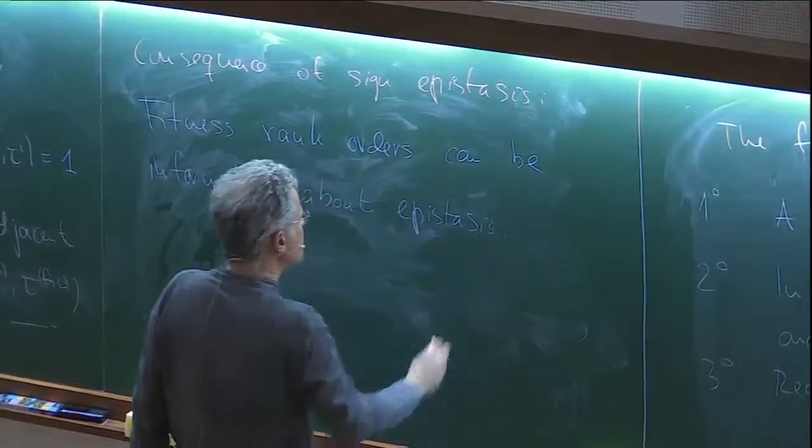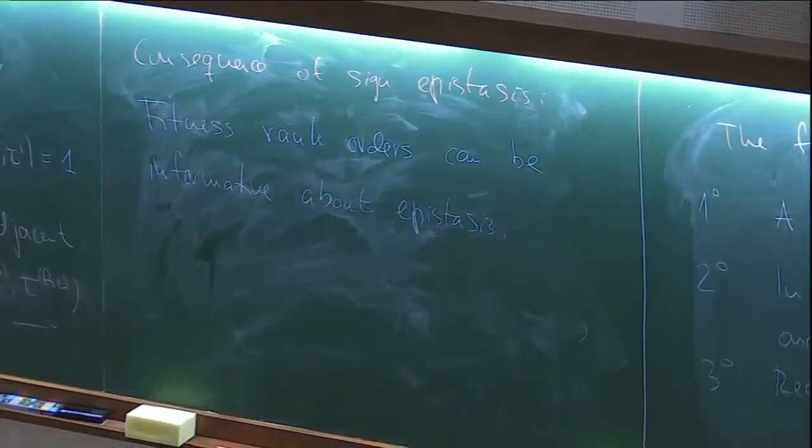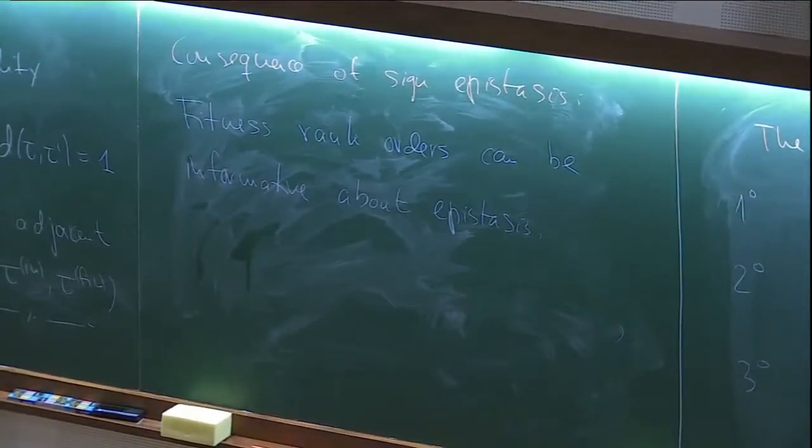And this could have a certain practical importance. For example, if you do competition experiments, and you're for some reason not able to measure fitness very accurately, at least you can tell which strain has higher fitness than which other. So you can generate rank order information. And if you do have enough of that, then you can infer whether there is epistasis or not.